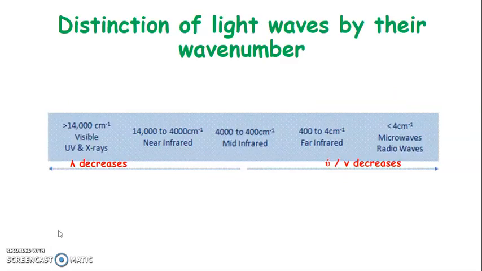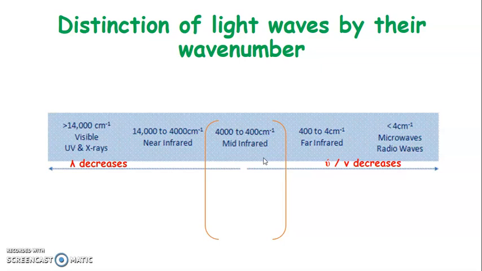Infrared light refers to electromagnetic radiation with wave number ranging from 14,000 to 4 cm inverse, and this region is further subdivided into three regions: near infrared, mid-infrared, and far infrared. Almost all the fundamental vibrations appear in the middle infrared region.